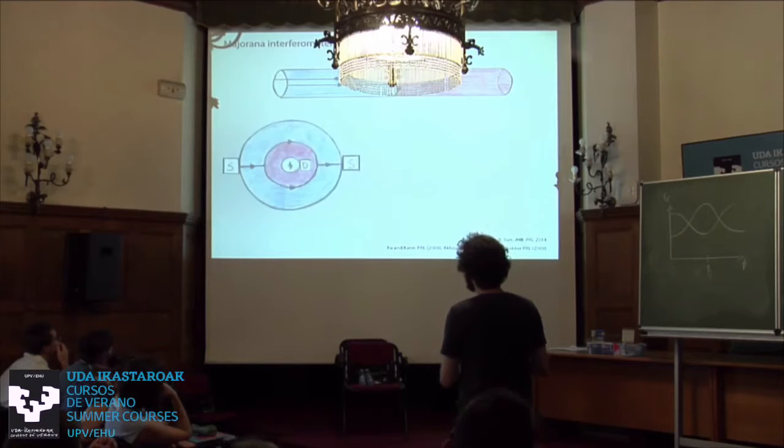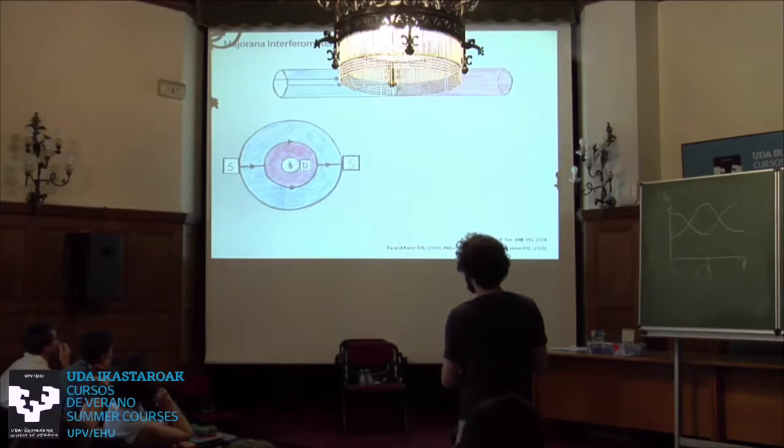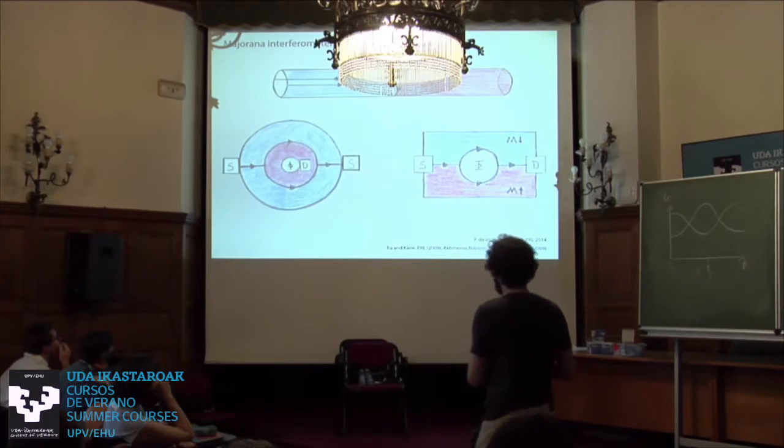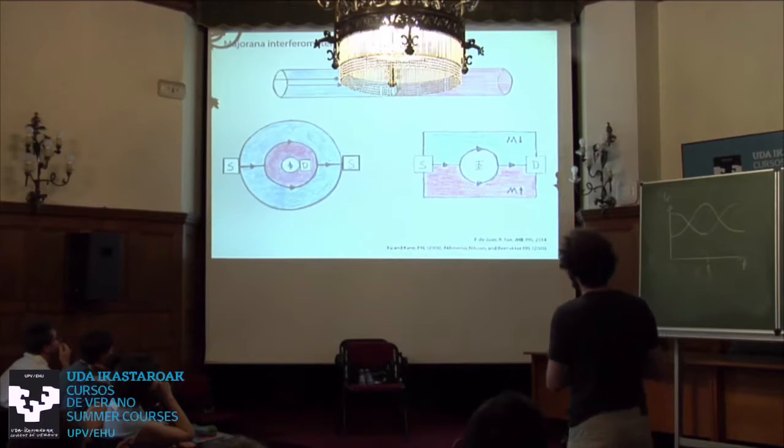So I can redraw this as a source and drain, but now the source is the blue part here, where I have the incoming electron coming in. At the interface with the superconductor, it splits up, and then it rejoins again. And the superconductor now is the drain. You can compare this with, for example, this Majorana interferometer, suggested by these nice people here.